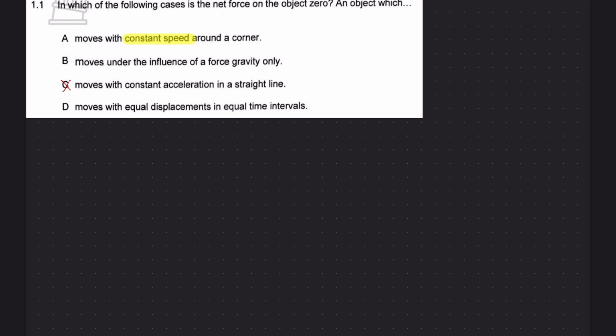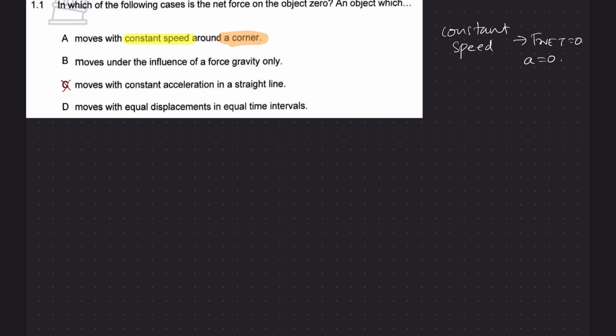So it meets one of the criteria, which is moving at a constant speed. And we know if something moves at a constant speed, then the F net is 0, and that's because the acceleration is 0. However, they tell us around a corner, and that's a problem.